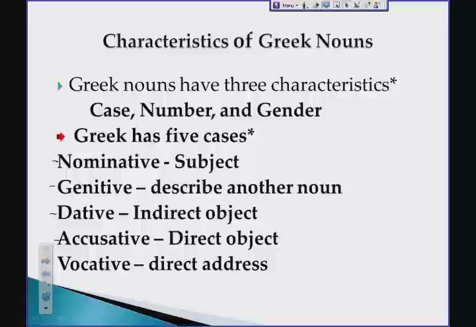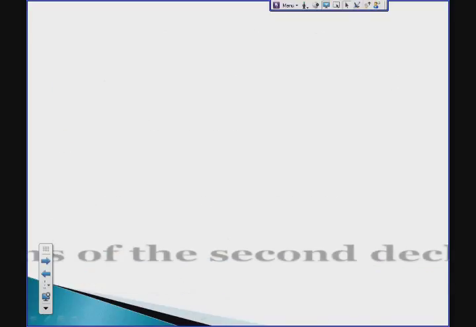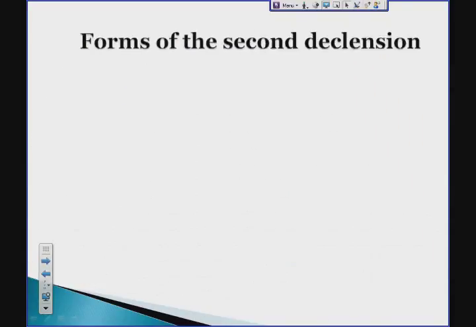So, unless you know all these cases, it's going to be tough luck in knowing your Greek. You must know these cases and their endings and so forth, so that at least you can analyze Greek nouns correctly. Let's get to the forms of the second declension.